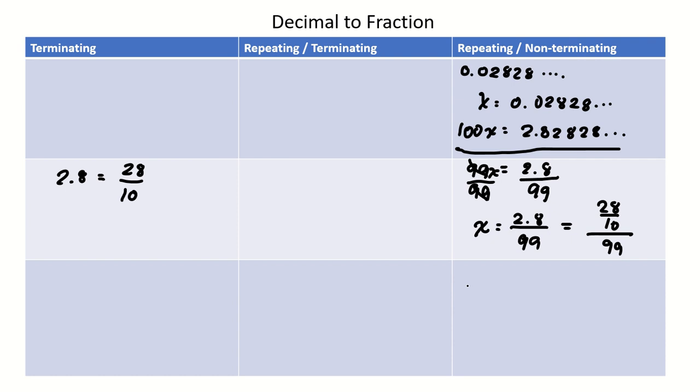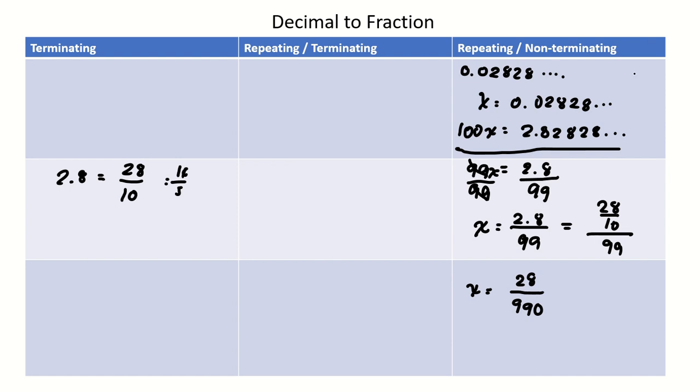Okay, go back to your fraction division. So this is 28 divided by 99 times 10 is 990. Okay, both are even numbers. We can divide both by 2. What if I reduce this to 14 over 5? That's the same thing.